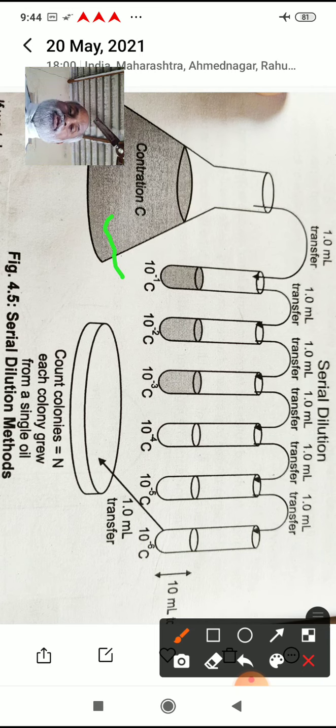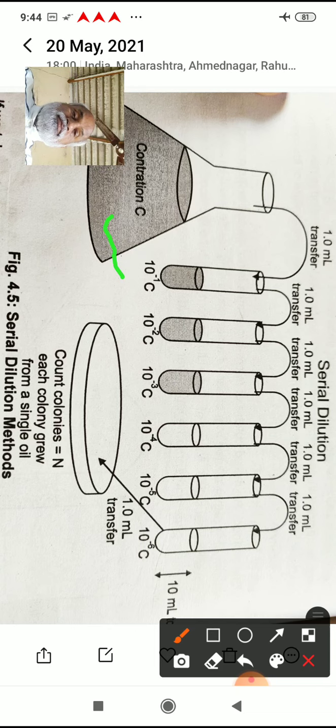Such inoculum is subjected to serial dilution in sterile liquid medium, and a large number of tubes of sterile liquid medium are inoculated with aliquots of each successive dilution.